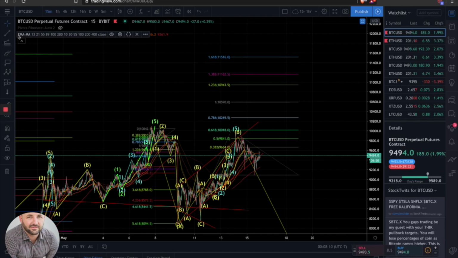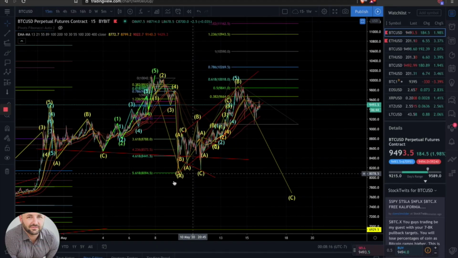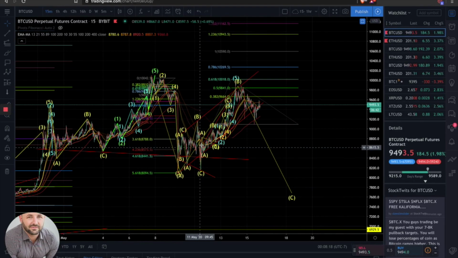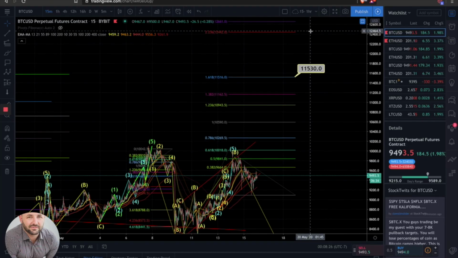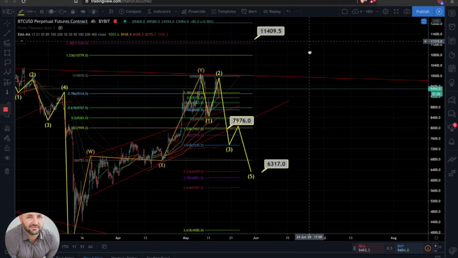So 11,500 would be the 1.618. That would be to make this a wave one, which obviously it would need to come up here for a wave 5 for 12,453. Where does that put us?